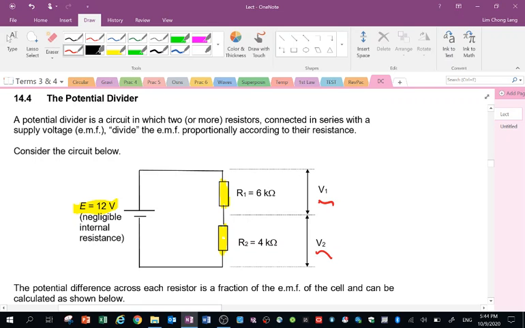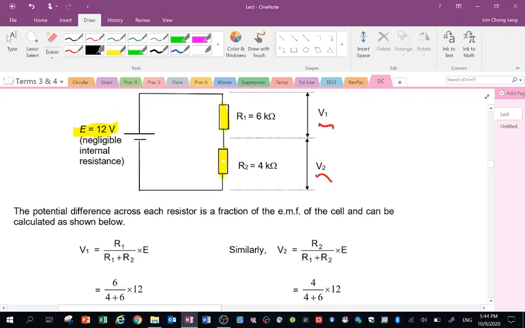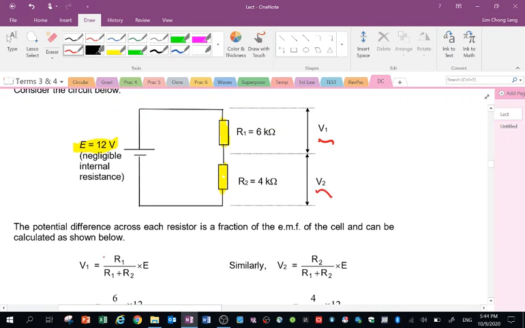First, I would like to introduce to you the potential divider formula. If I want V1, I just take the fraction R1 divided by the total resistance in the circuit, so R1 divided by R1 plus R2, times E. That will give me the PD across resistor R1. Similarly, I can do that for R2.